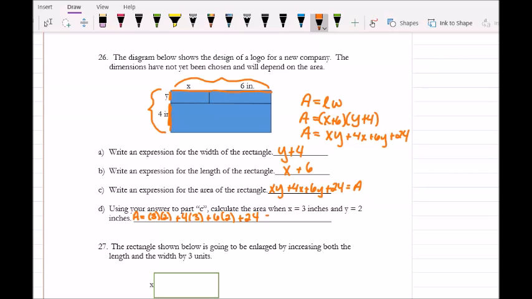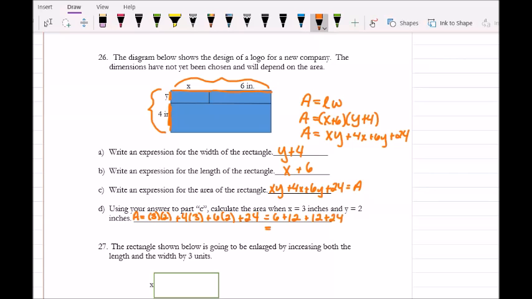Okay, so going back, I have 3 times 2 is 6, plus 4 times 3, which is 12, plus 6 times 2 is another 12, plus 24.